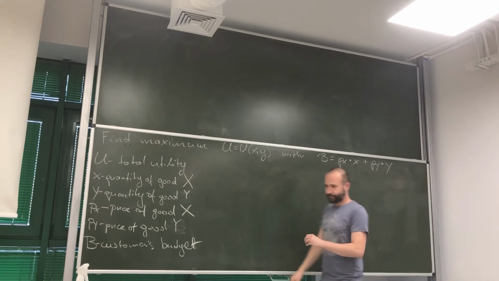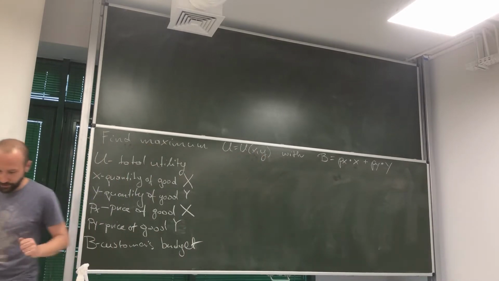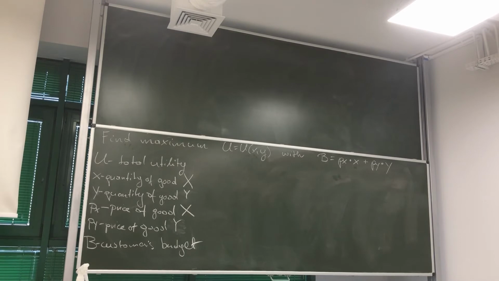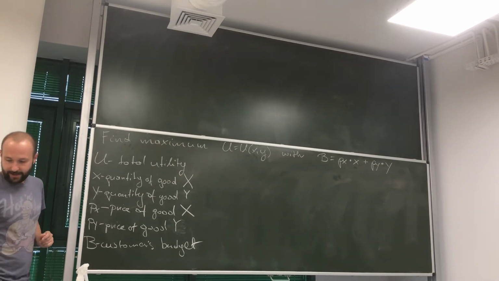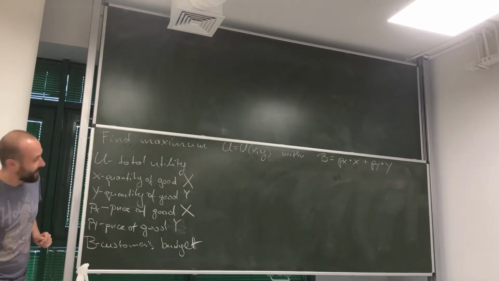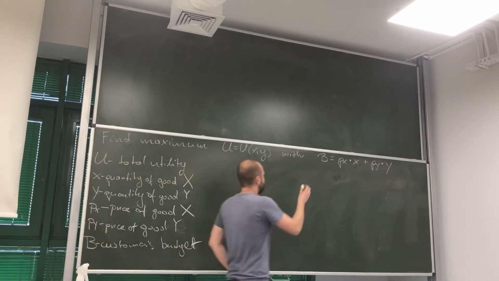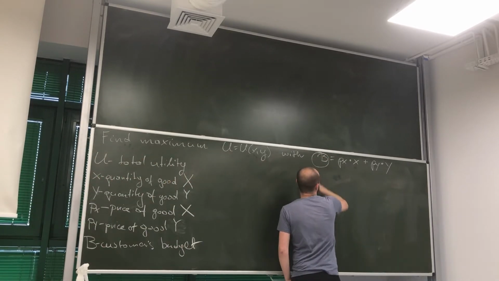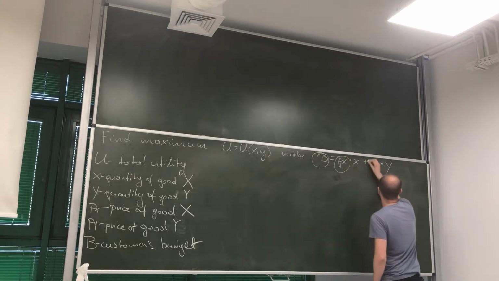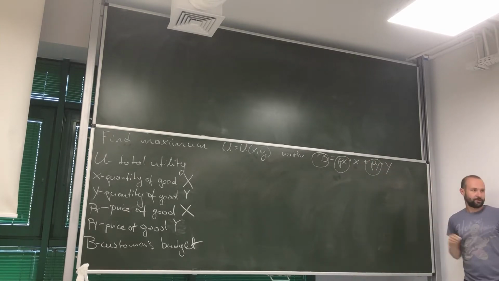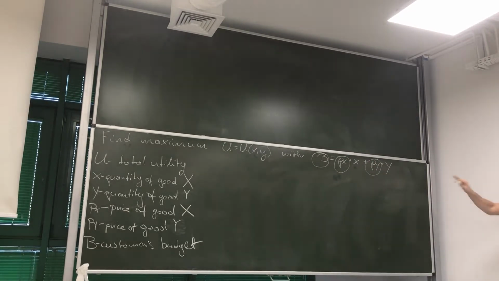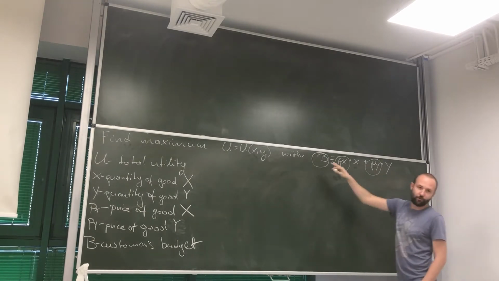Okay, so look, what we should remember when we approach this problem is that this, and this, is exogenous, in the sense that the customer has no control over it.